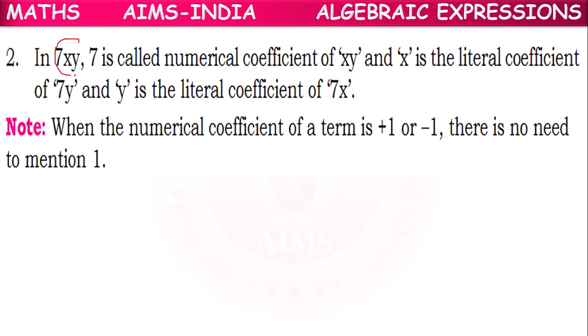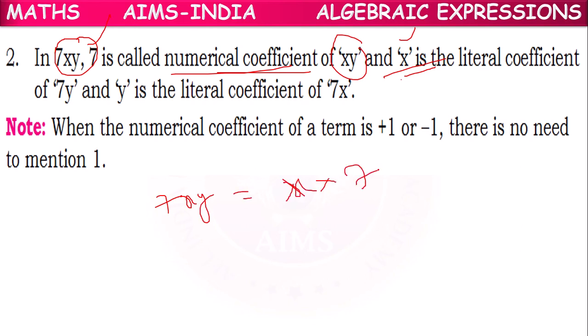So in 7xy, 7 is the numerical coefficient of xy. Or x is the literal coefficient of 7y, because in 7xy, if we separate x, what will remain? 7y.